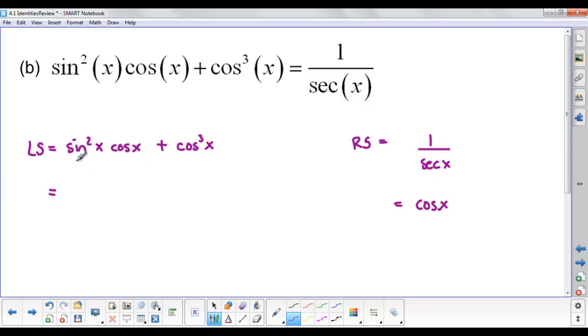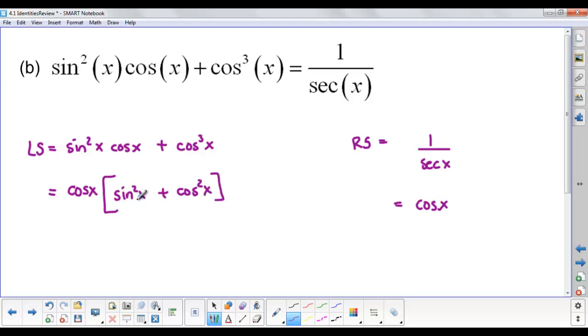Now on the left side, I have two terms. They're all in terms of sine and cos, so there's no real substitution I can do. But in both of these terms, we have a cos x common to both, so I'm going to factor out that cos x, leaving me with sine squared x plus cos squared x.